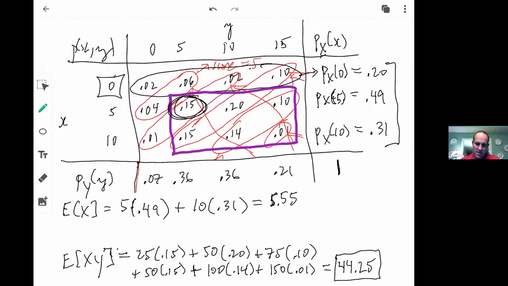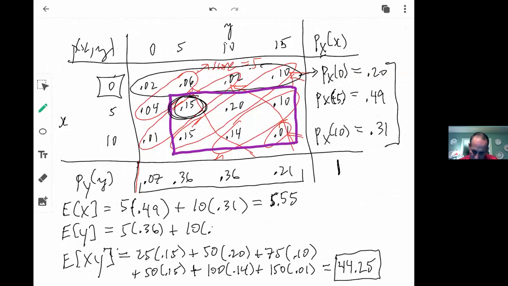5.55. And what about the expected value of Y? Again, I have the marginal distribution for Y, right down here. Again, 0 isn't going to contribute anything. So I'm going to have 5 times 0.36 plus 10 times 0.36 plus 15 times 0.21.